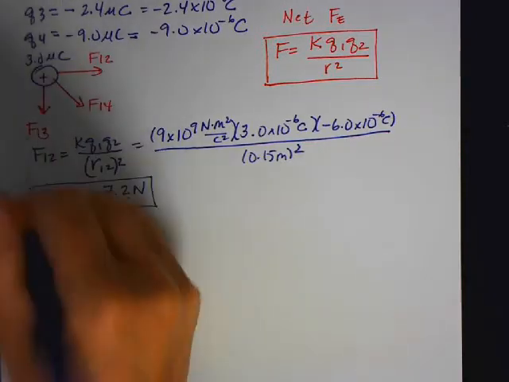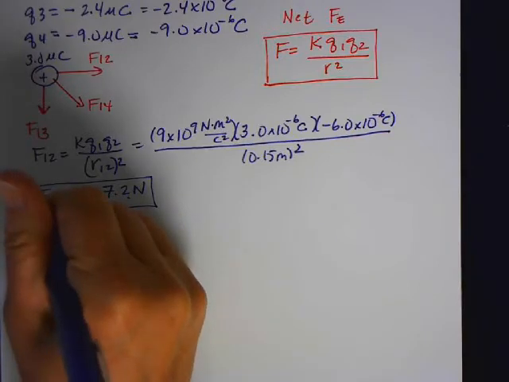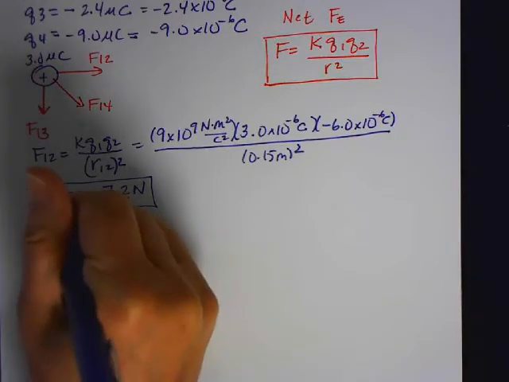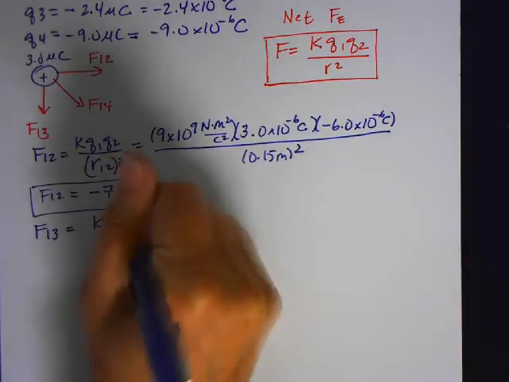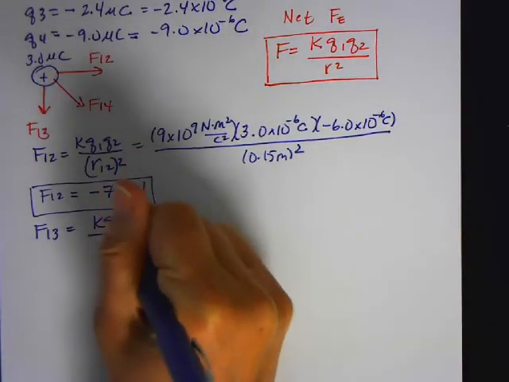Now I'm going to find F13. F13 is going to be K Q1 Q3 over R13 squared.